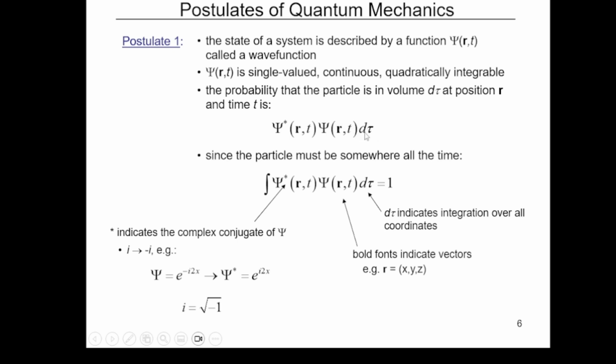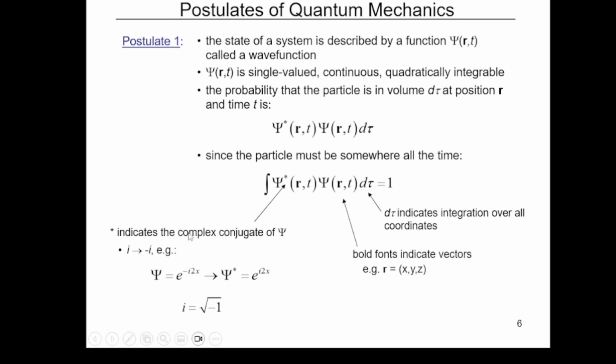It means we are going to integrate it over the entire space. Since the particle must be somewhere all the time, if you integrate it, the answer should be equal to 1. Now, this is the wave function and this is the conjugate wave function, and collectively they are also known as the square modulus.